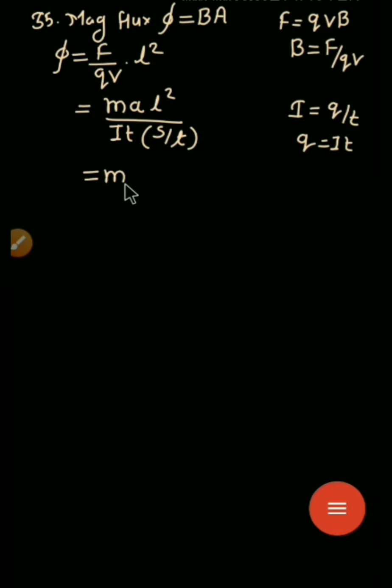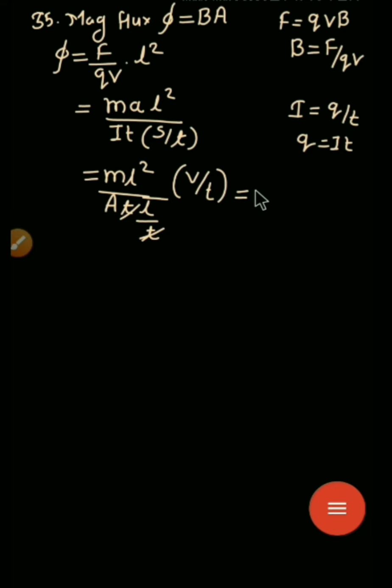Here we have mass L square. Fundamental quantity for current is A into T. This displacement is nothing but length. So this is L upon T. So this T is getting cancelled. Then remaining is here acceleration. So we can write acceleration as velocity upon time.